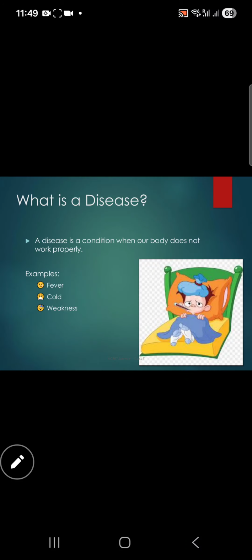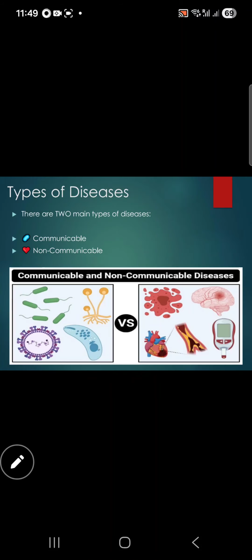First, disease. What is disease? Disease is a condition when our body does not work properly. Examples: fever, cold, weakness. If we are not healthy, then we have a disease. Let's try to avoid it.